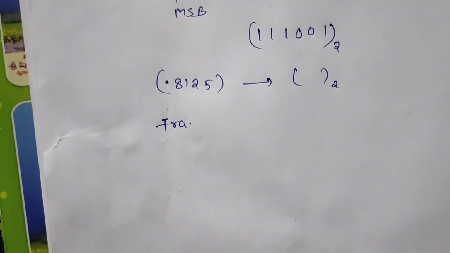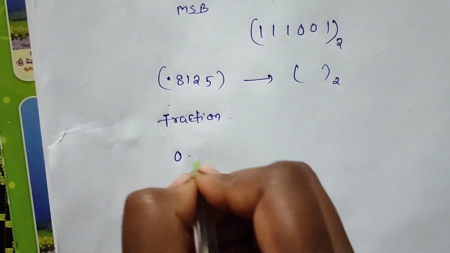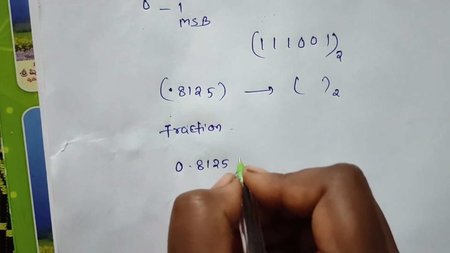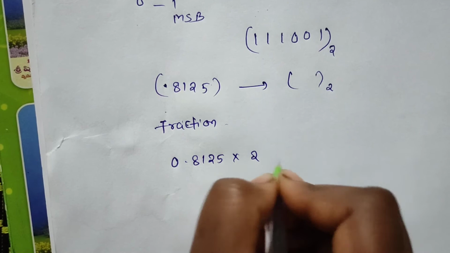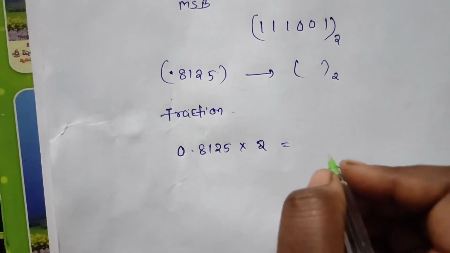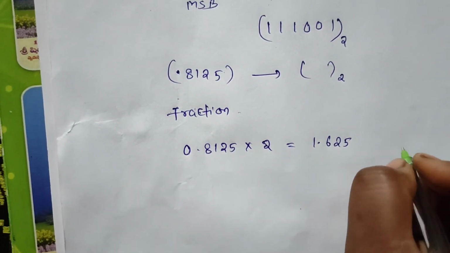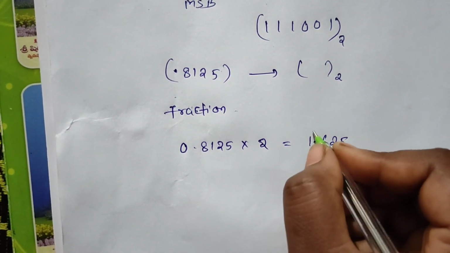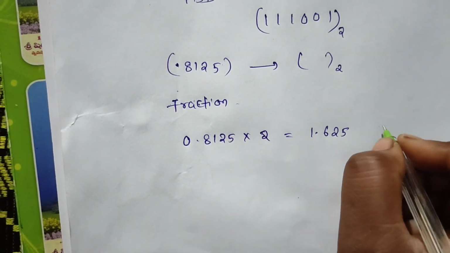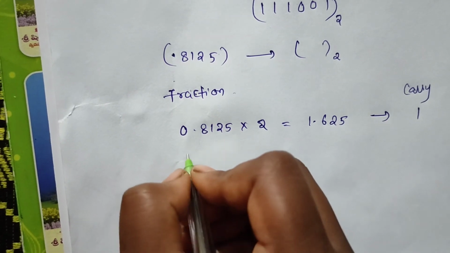Note down the carry. That means before the decimal point, after multiplying you will get 1 or 0. See here, 0.8125 we are multiplying with 2, you will get 1.625. So before the decimal point you got 1. Take it as carry or remainder. I am taking it as carry, it is better.